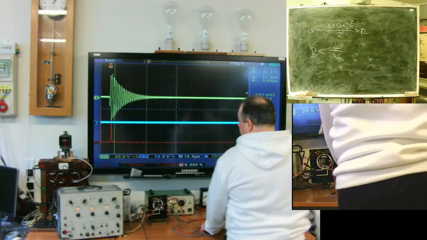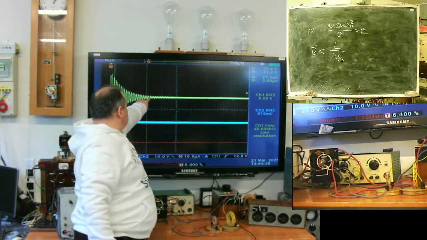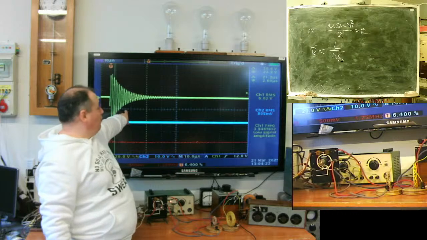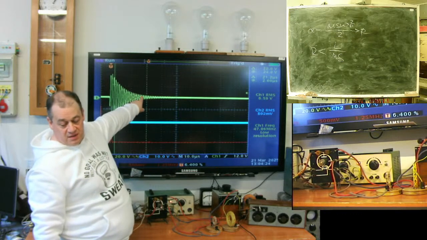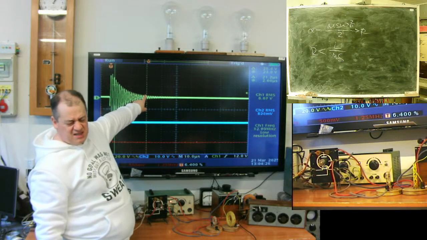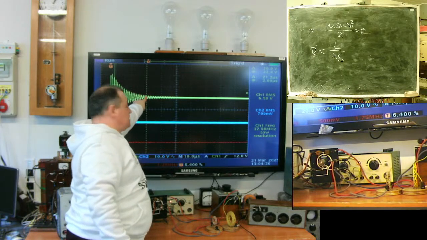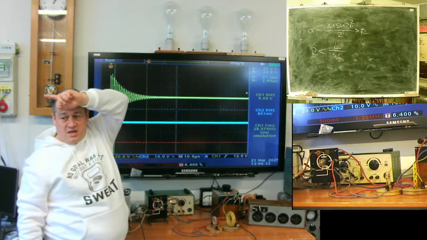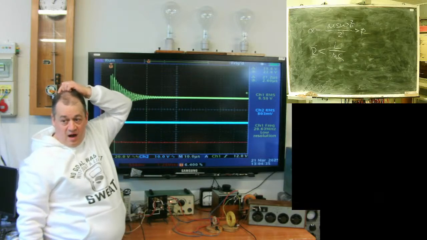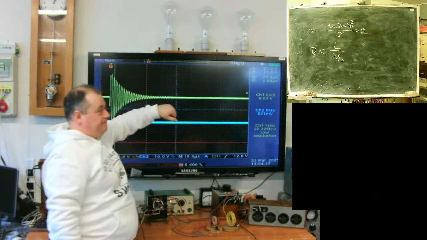Alpha is a decay. See what happened with oscillation? If you connect all these points, you will get e to the power minus alpha t. Alpha is a decay. Yeah, I got it.